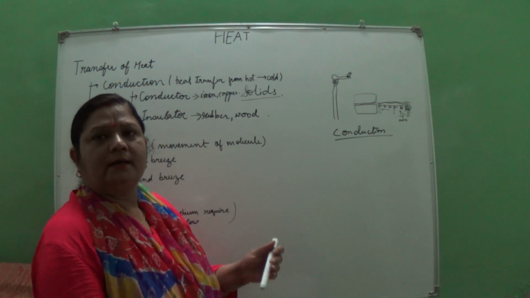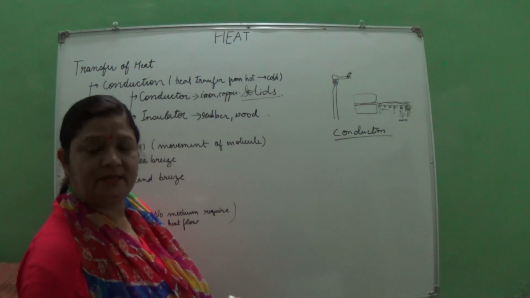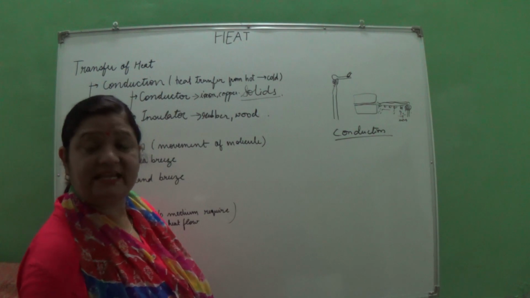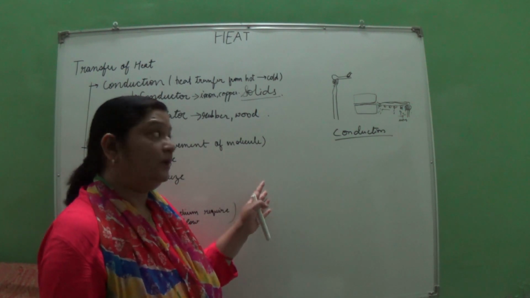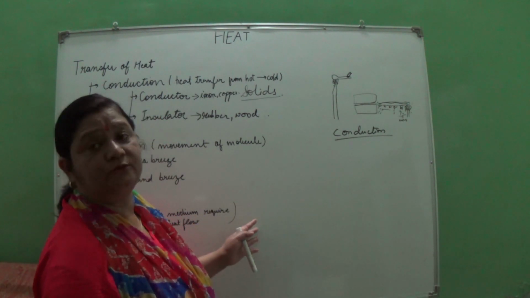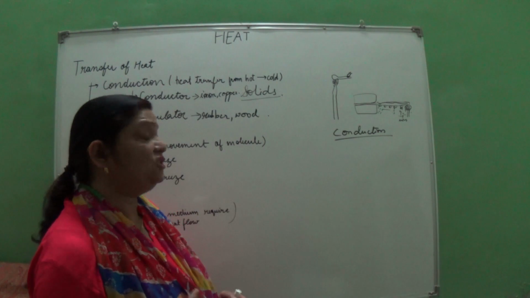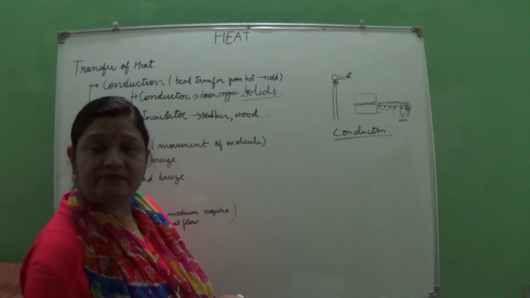First, utensils are made of metals, isn't it? They get heated very easily, and naturally with the process of conduction these utensils can cook the food easily and efficiently.